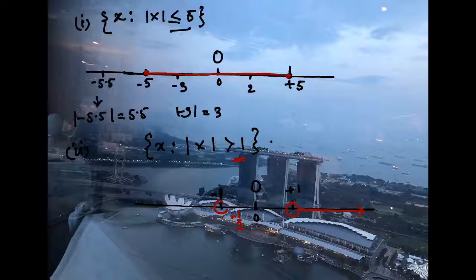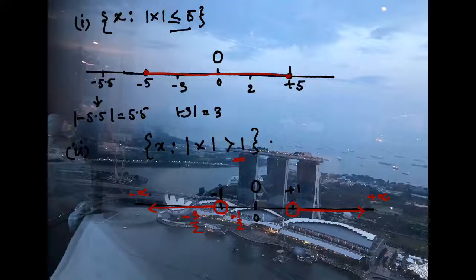If we check minus 3 by 2, then mod of this value is again positive 3 by 2, so that satisfies our condition that mod x is greater than 1. So x also extends from here towards negative infinity.